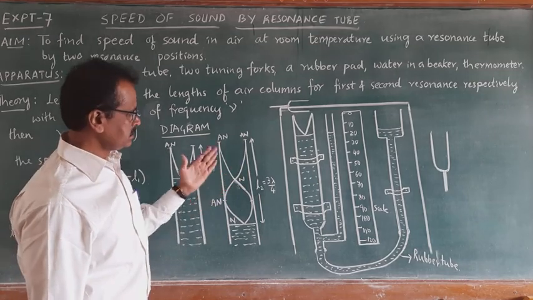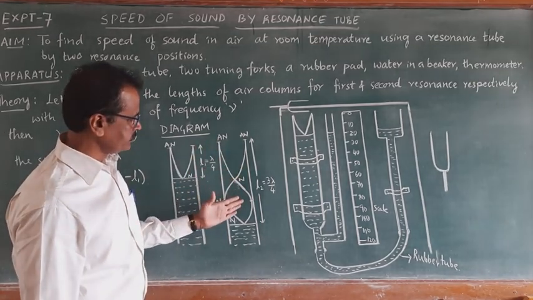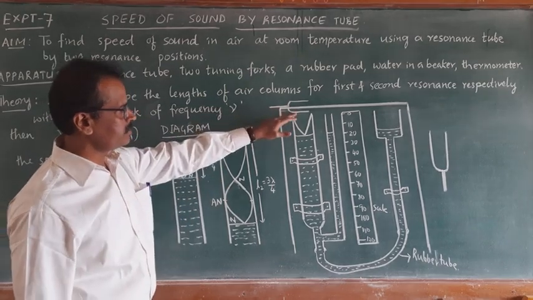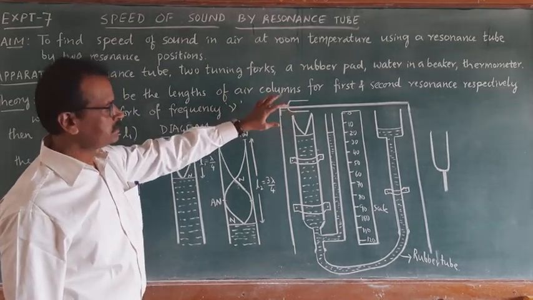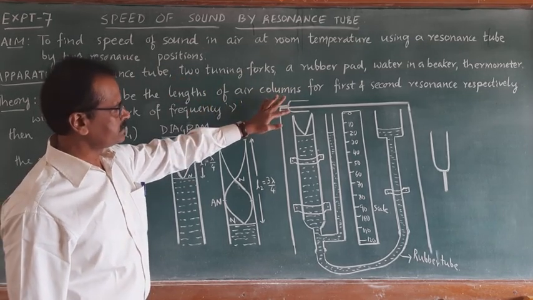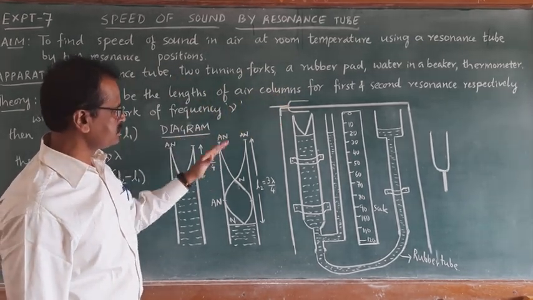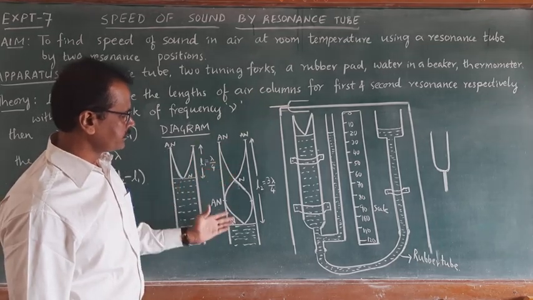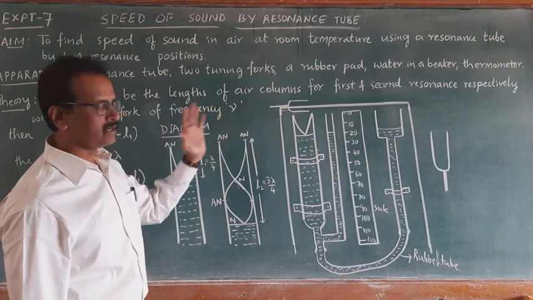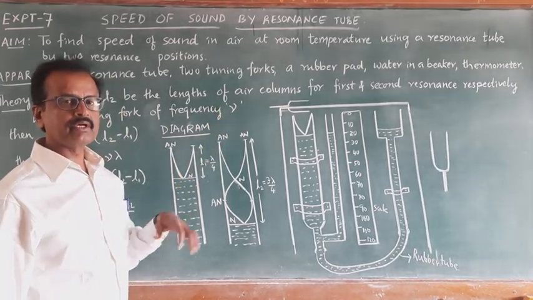The frequency of vibrating air molecules matches with the frequency of the vibrating tuning fork. The tuning fork sets the forced vibrations, and the air molecules vibrate. When the frequency of air molecules matches with the frequency of the vibrating tuning fork, resonance occurs.